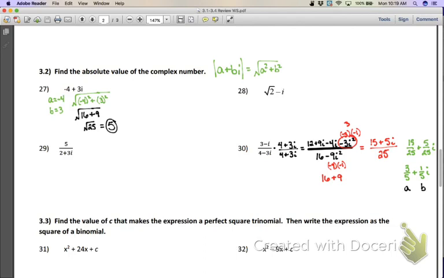There's my a, there's my b. So I'll take 3/5 squared plus 1/5 squared, and all of it's underneath the radical. So 9 over 25 plus 1 over 25.